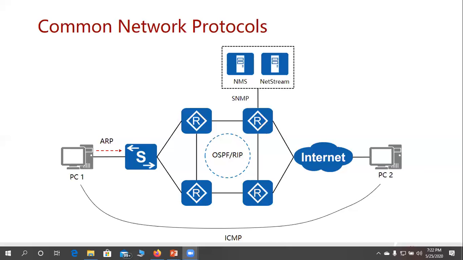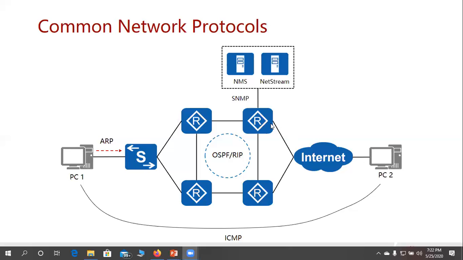Let me also talk about the routes. We have different types of routes. There's what we call direct routes and indirect routes. So to this PC, this is what we call a direct route, and this one, which are directly attached to the router.